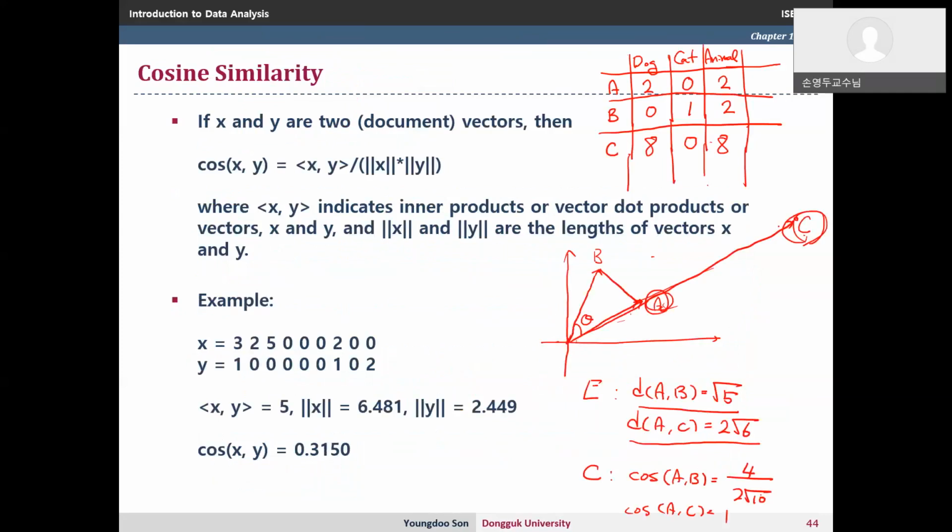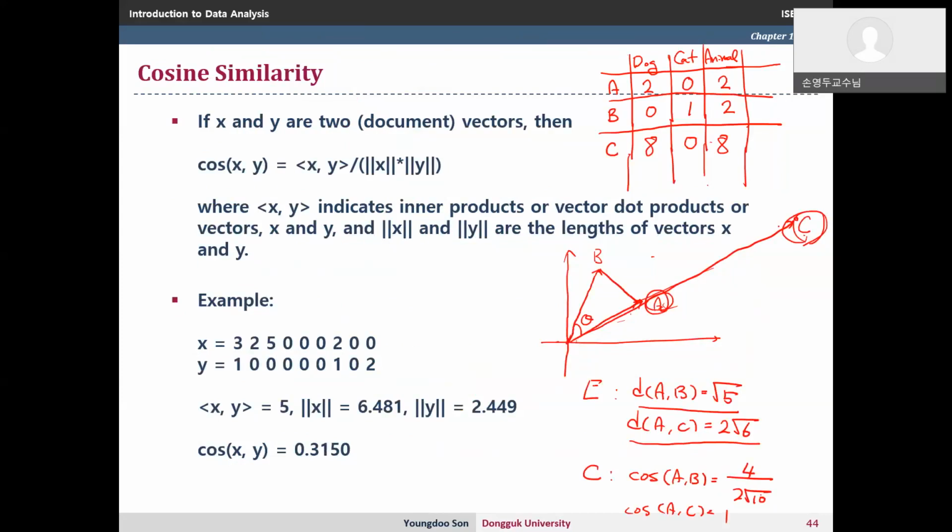And the next similarity that we saw in the last class was cosine similarity. Sometimes for the vectors, the direction of the vectors is more important than the absolute values or absolute distance of the vectors.